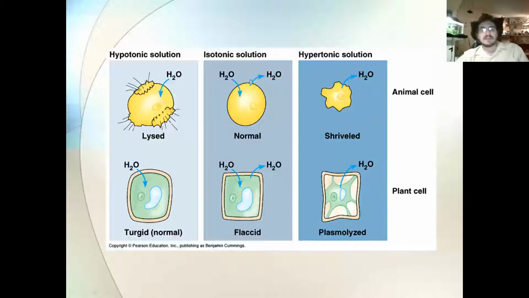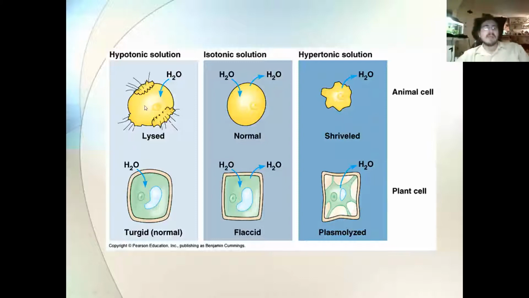Here in an isotonic solution, we have a normal, healthy animal cell, but the plant cell is flaccid. It's not resisting gravity nearly as well because the concentration of water is sort of no net movement, and so your plant cell is sort of floppy. It's flaccid.